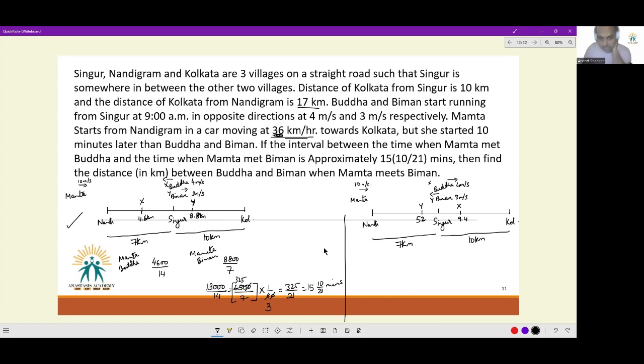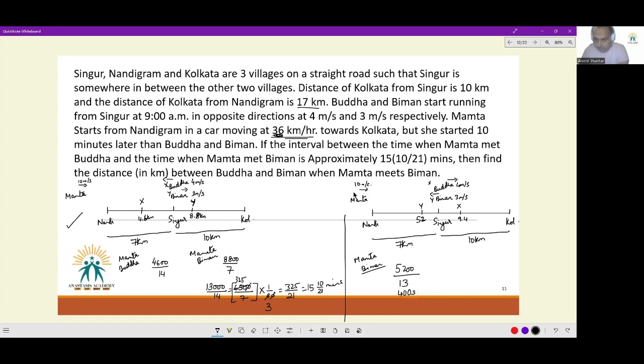Between the meeting of Mamta and Biman, how much time has passed? 5.2 or 5,200 divided by 13, because they're moving towards each other, or 400 seconds.